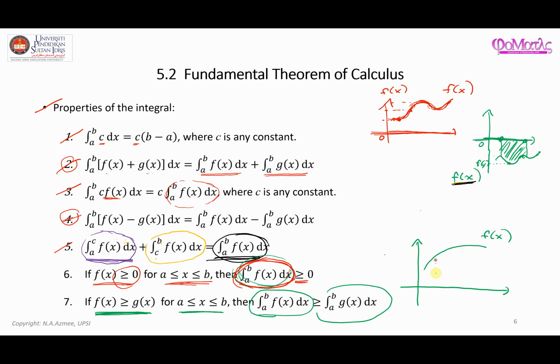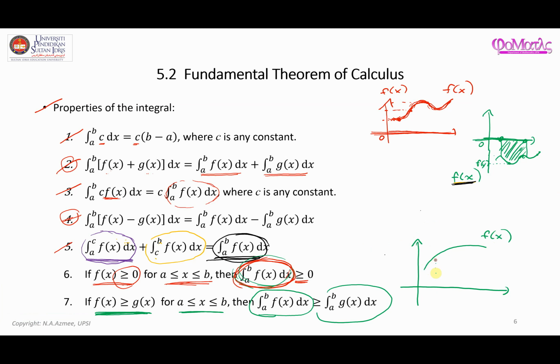So clearly for x between a and b, you can see that f(x) is always higher than g(x). So you can see that this point is always higher than this point, always higher than this point, always higher than this point.